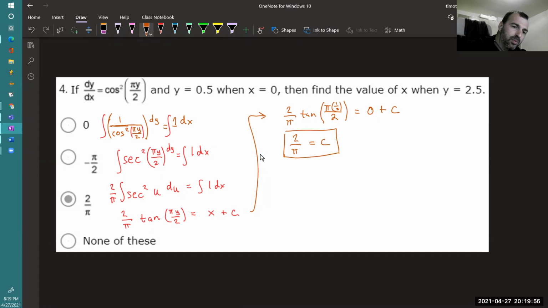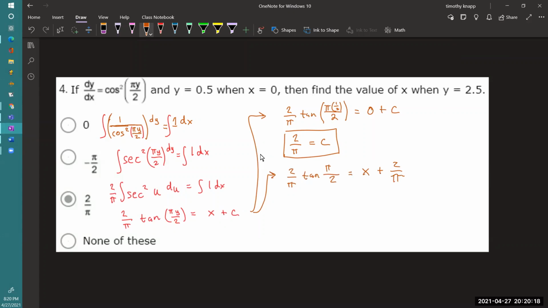So here's my particular solution now. Particular solution is 2 over pi tangent of pi y over 2 equals x plus 2 over pi, like that. Okay.